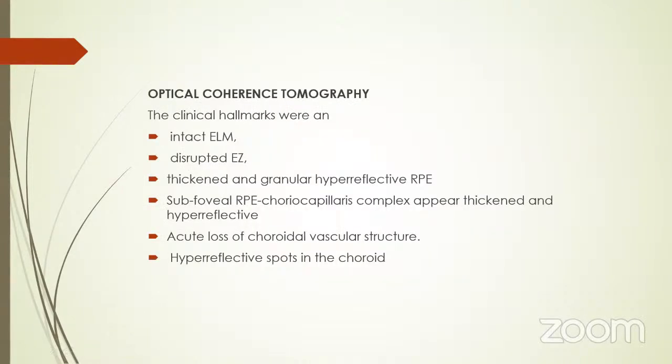On OCT, we can see an intact ELM, disrupted EZ, and thickened and granular hyperreflective RPE. The subfoveal RPE choriocapillaris complex appears thickened and hyperreflective, with acute loss of choroidal vascular structure and hyperreflective spots in the choroid.